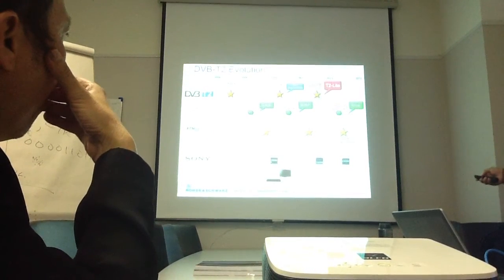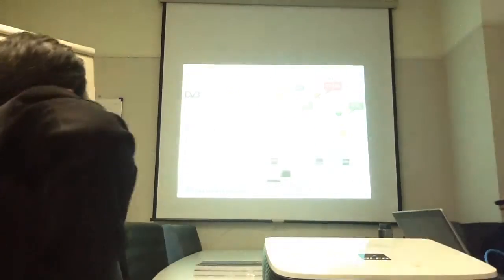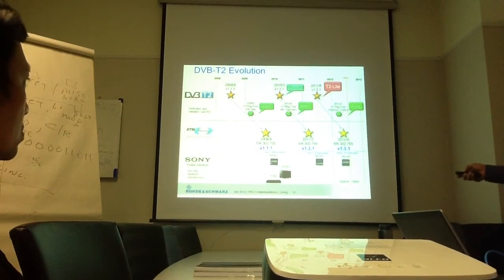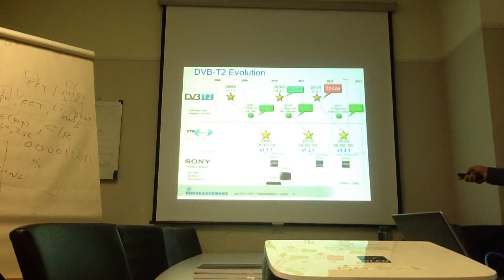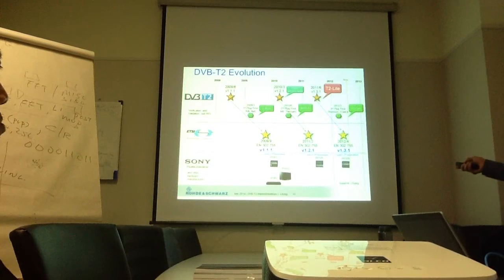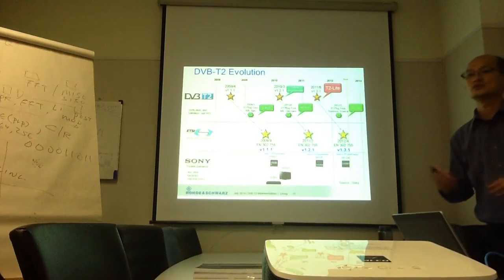Using this one, it can support L1 post scrambling as well as the T2 Lite. Because if the set-top box uses the older chipset, it cannot decode L1 post scrambling unless in the transmitter you turn off the L1 post scrambling.